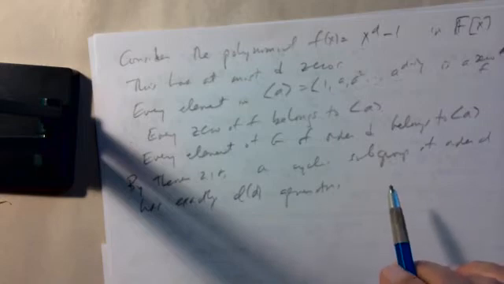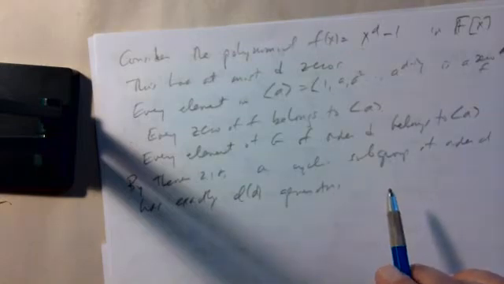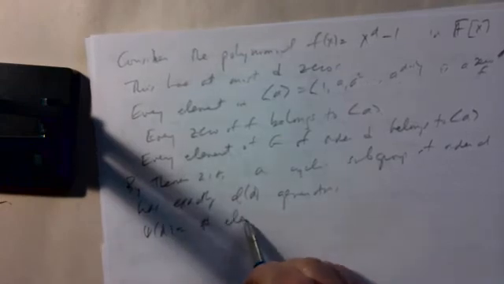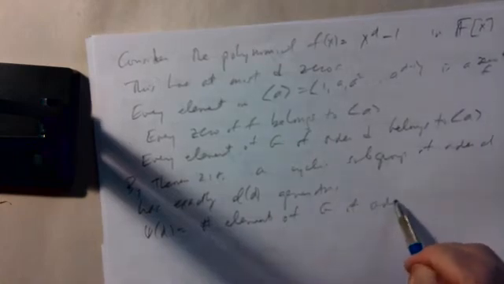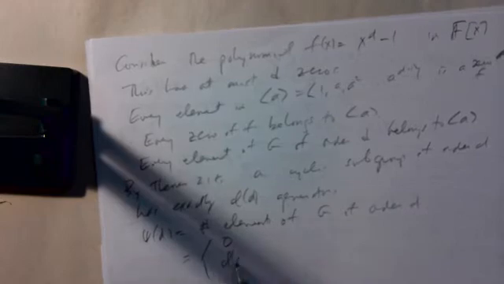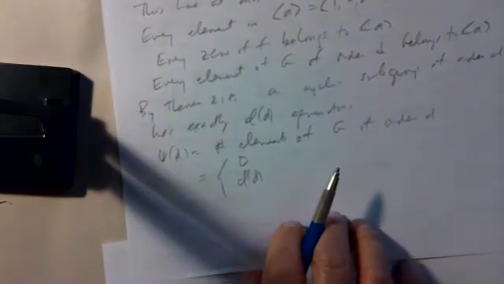So psi of D, which is the number of elements of G of order D, has only two possibilities. Either it's 0, there is no element of order D, or it's phi of D. If there's at least one, there's exactly phi of D elements of order D. And every element of the group has some order.